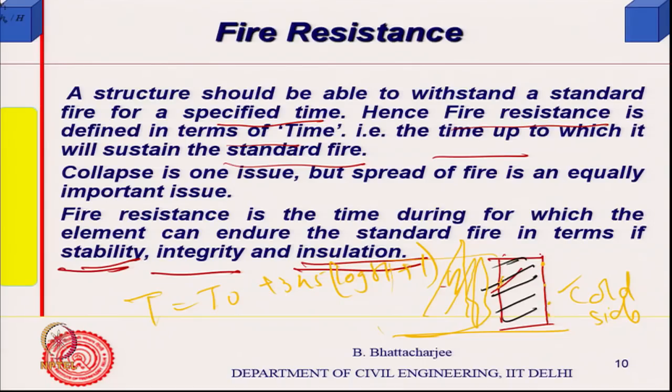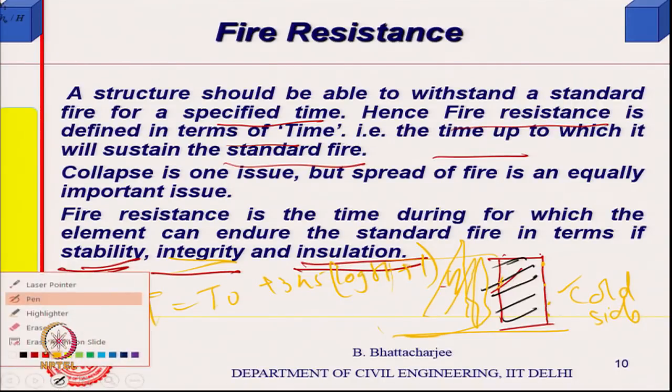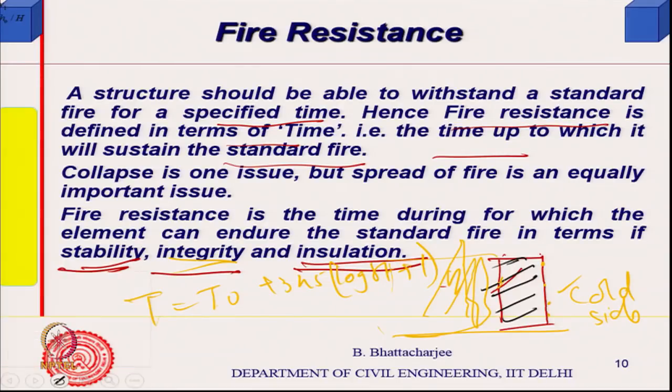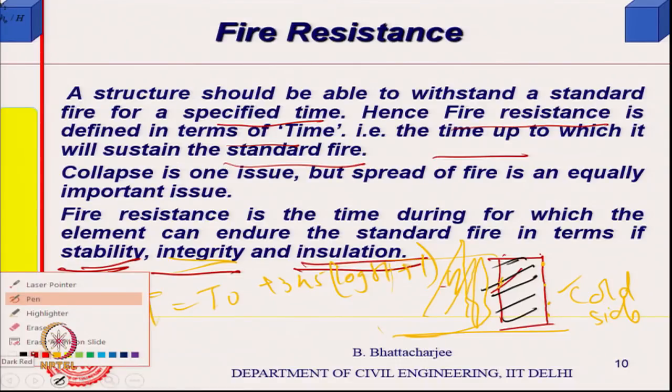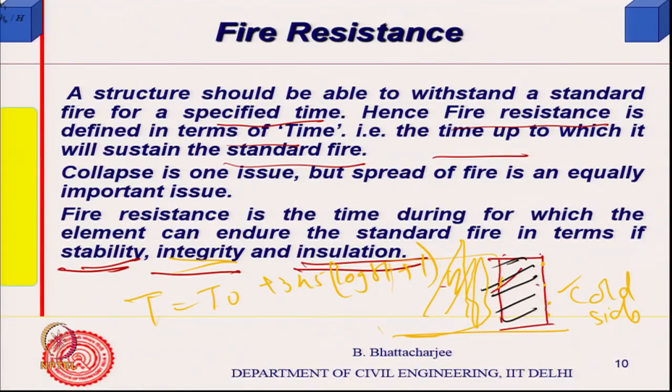And then the third thing is integrity. Now, how do you measure integrity? Integrity is measured in a very innovative way proposed by the experts. If there is a crack seen, you continuously observe the cold side for a crack.